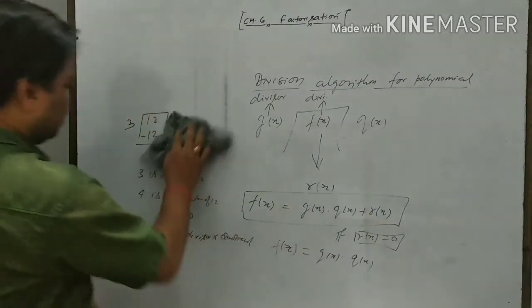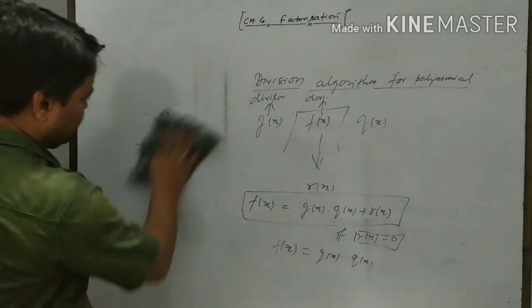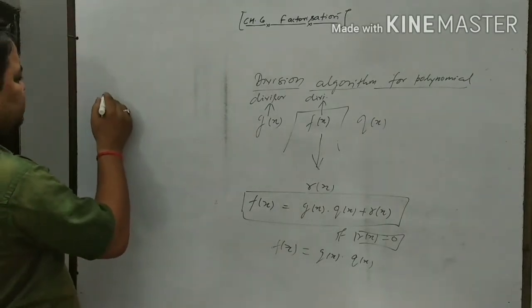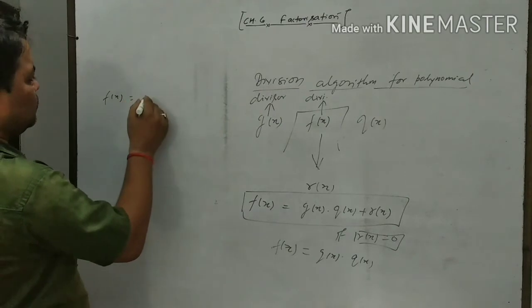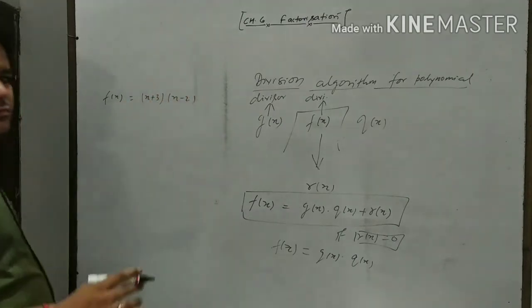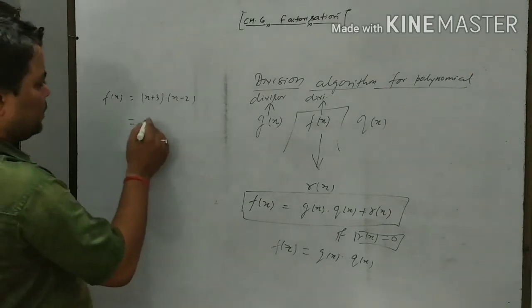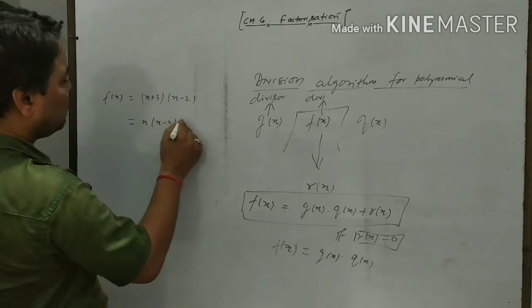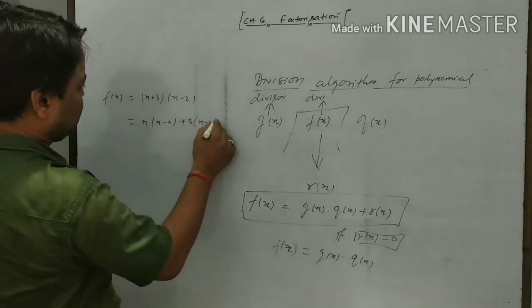Let us see one example. Let fx be equal to x plus 3 and x minus 2. Here we can write x into x minus 2 plus 3 into x minus 2.